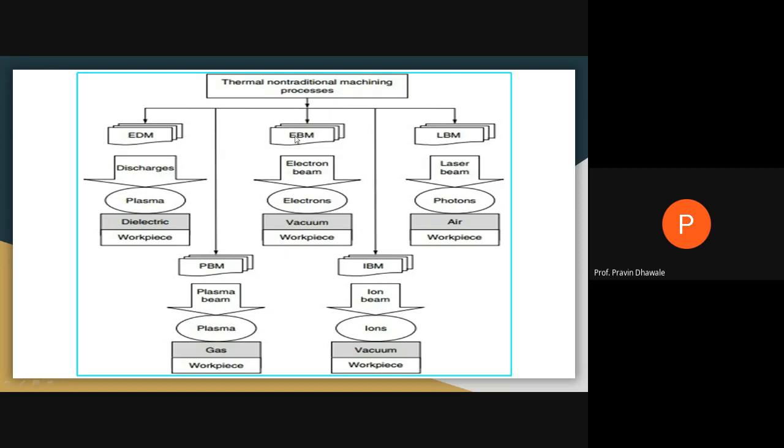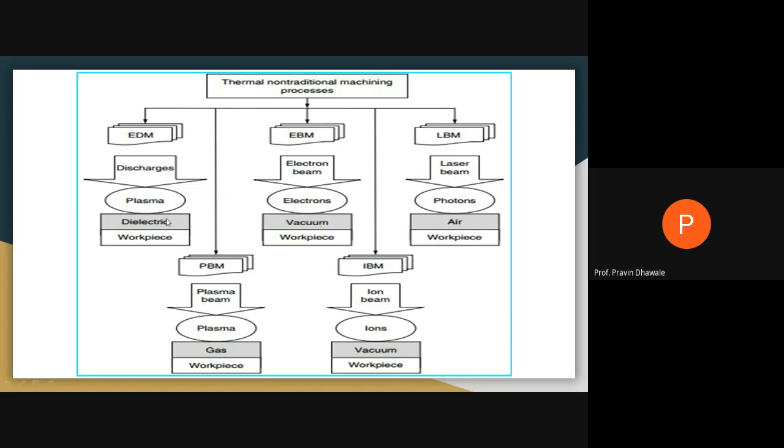If you are considering electron beam machining, we require the electrons, and electrons are produced by the electron beam machine in the form of electron beams, and those electron beams strike the surface of the workpiece. But in case of the electron beam machining process, the workpiece must be kept in a vacuum.